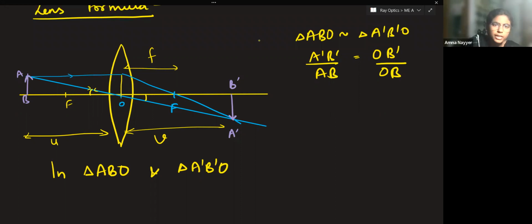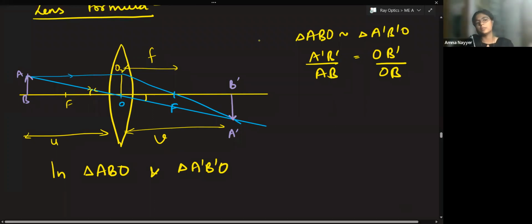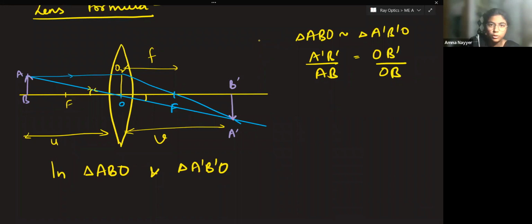Let's name this point as O2, because we need more triangles. So you can see, if you note this triangle O2 and this point here, the focus, this triangle O2 and F. I'll write it down.